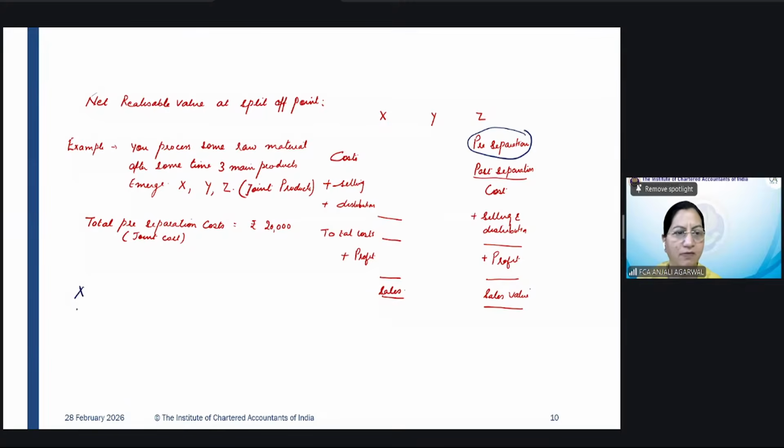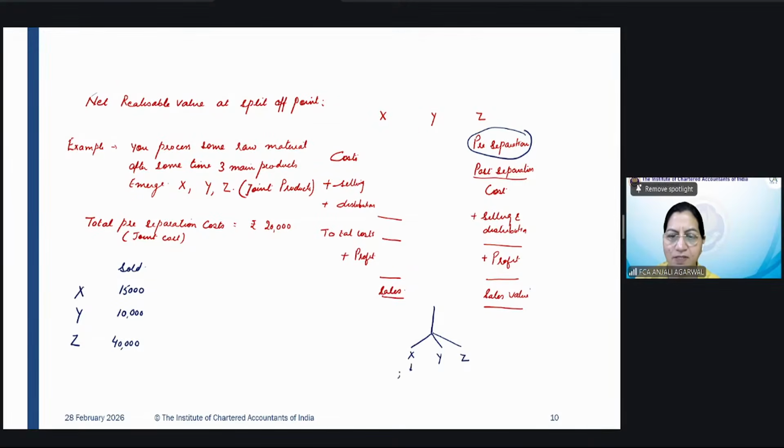So X, Y, Z, all three are said to be sold at, let's say, 15,000, 10,000, and 40,000. This is the sales value of XYZ. So what has happened? You had processed, and after some time you had three products, X, Y, and Z. All three are joint products.